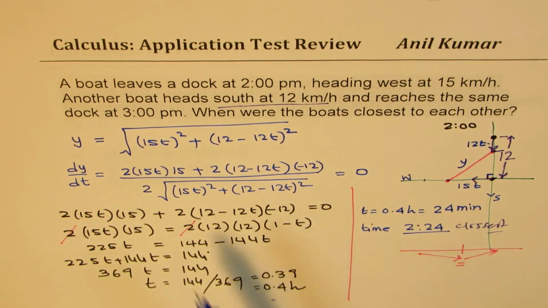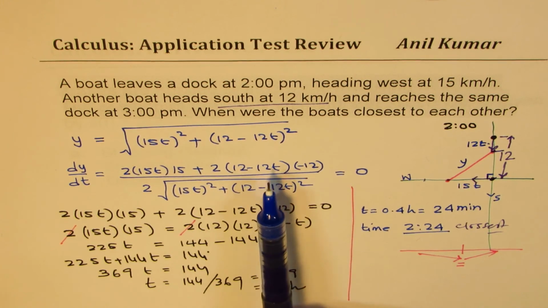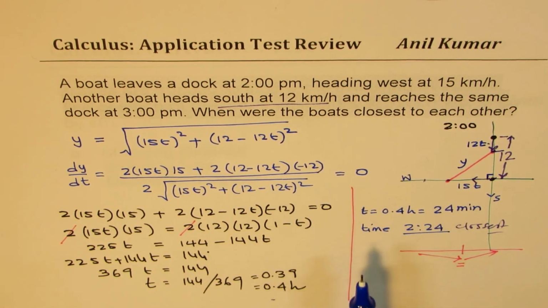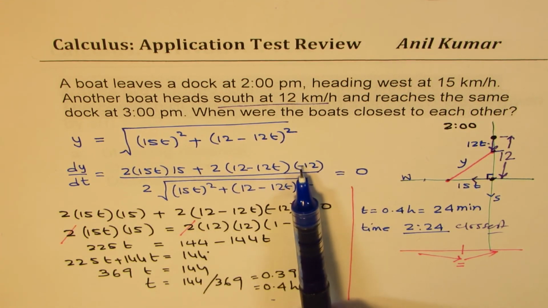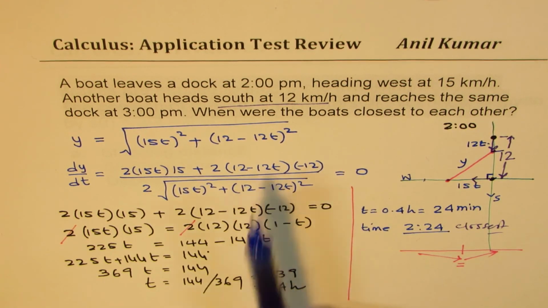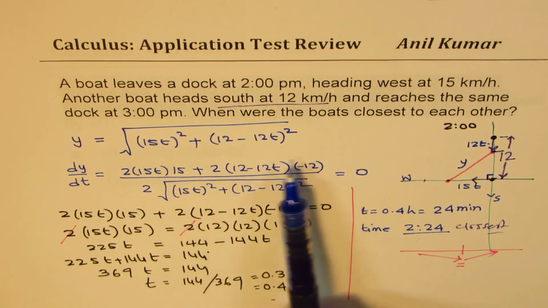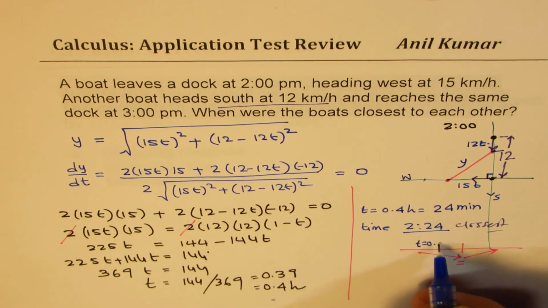How do we know that? If you look at the derivative itself, if I take a value of t which is less than 0.4, we know for 0.4 it is 0, right? If I take 0.3 here, in that case we'll get a value on the left side which is negative. You can test for t equals 0.3.